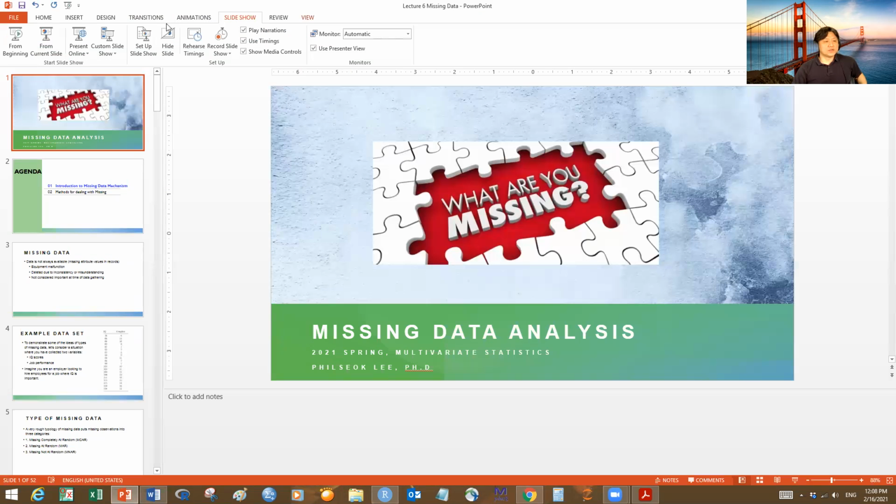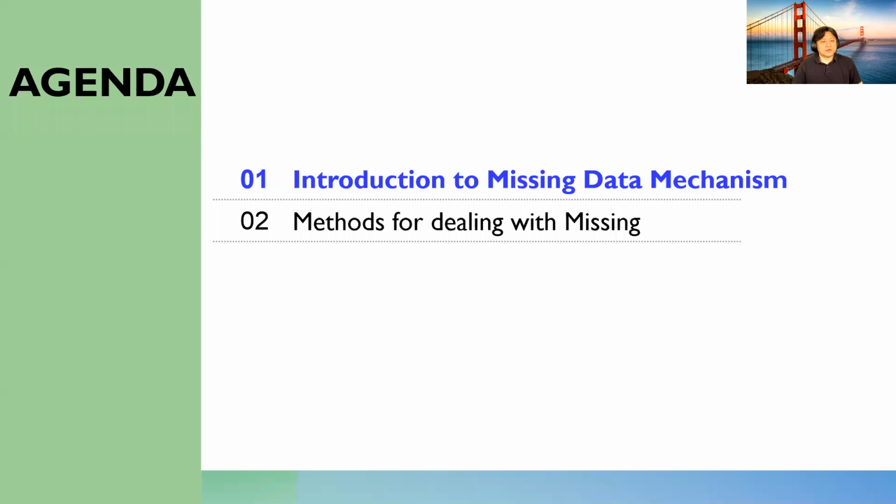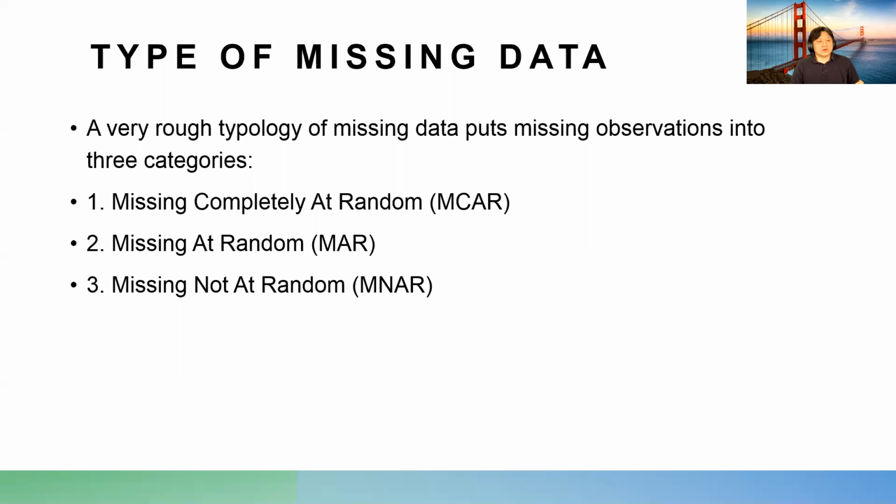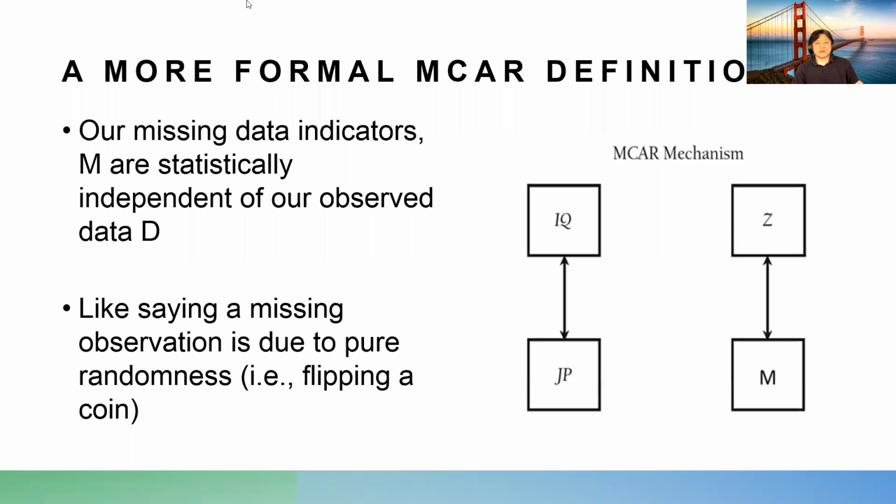So let's finish missing data. In the last class we talked about three different mechanisms of missing: missing completely at random, missing at random, and missing not at random. Missing completely at random is totally random, like flipping a coin.